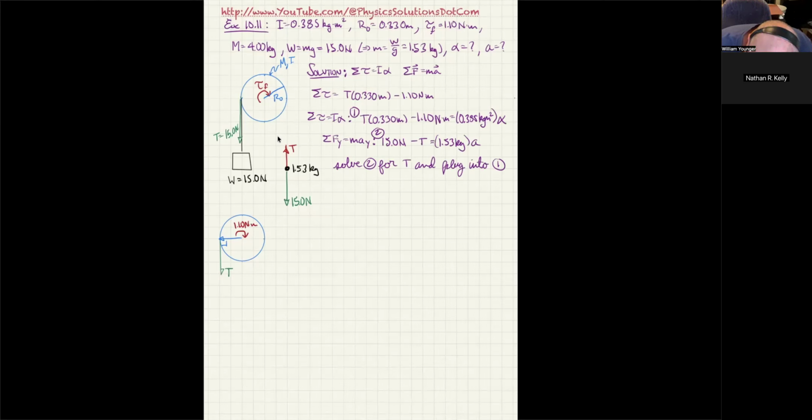So that's what we're going to do. For starters, equation 2 gives us the following: 15.0 newtons minus 1.53 kilograms times A is actually equal to the tension, so I'll call that 2 prime because it was from 2. Now I'm going to plug that into 1.